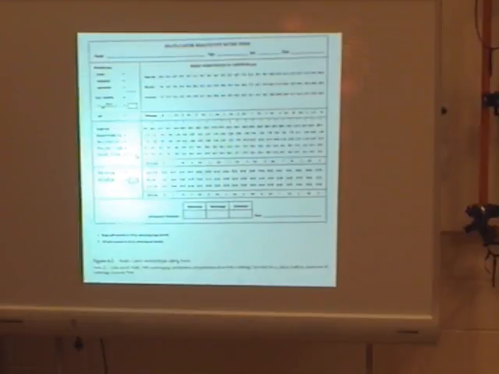So basically, endomorphy from this scale is based completely on skinfold measurements. Now, if you go to mesomorphy, which has been said to be the most important for your somatotype as far as an athlete goes, it's based off of your height, then your humerus width, so the width of your arm bone, and then your femur width, which is the width of your leg bone. It also measures the girth of your biceps.